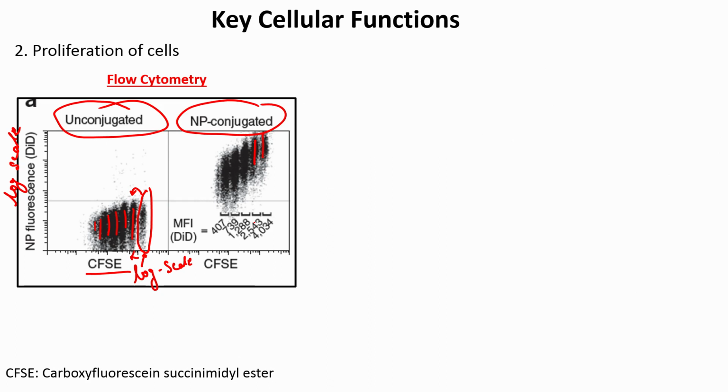Now this time the nanoparticle is also getting diluted, so you see a decrease in the nanoparticle fluorescence as well, and you can see these patterns are extremely similar. You can actually see these numbers of 4000, it became 25, 12. So, subsequent 2 times reduction is seen, and that shows that the proliferation is also not affected.